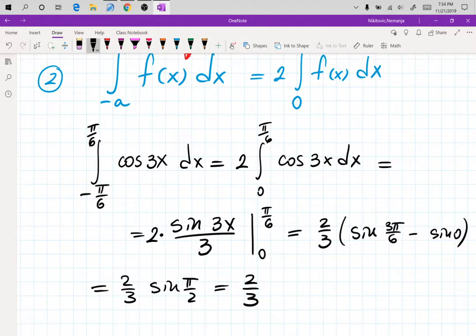And this leaves us with the last formula to cover. And that formula is the formula for the average value using integrals, the average value of the function.